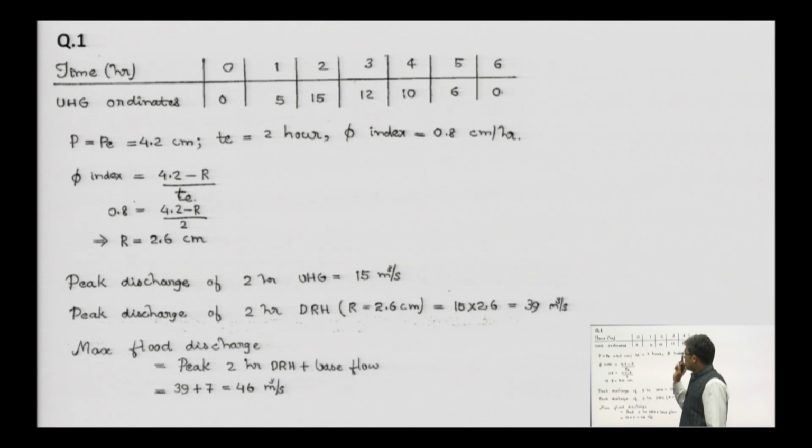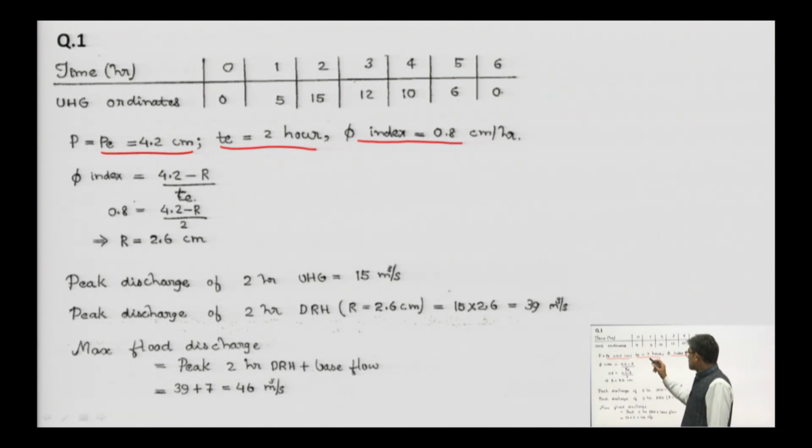The effective precipitation is given as 4.2 centimeter, the duration T effective is 2 hours, and the phi index for the catchment is 0.8 centimeter per hour. It is the loss, the water which is going to penetrate in the soil.